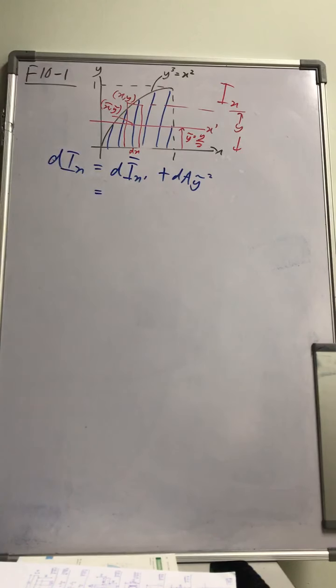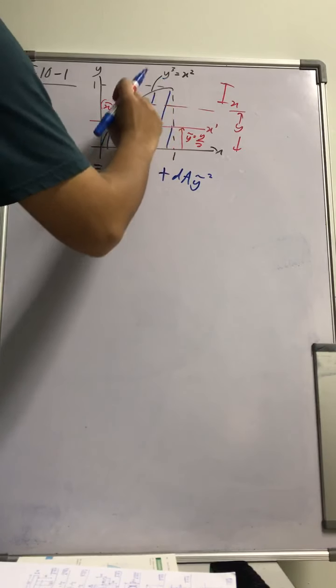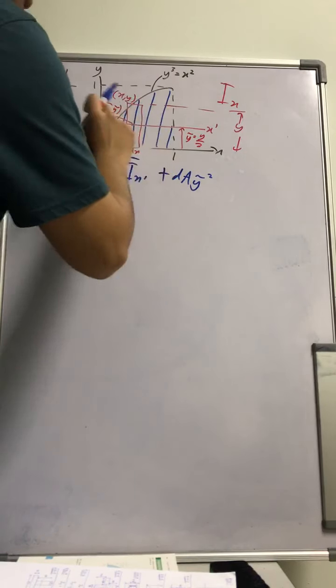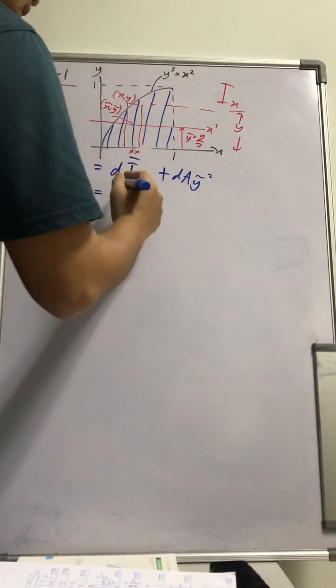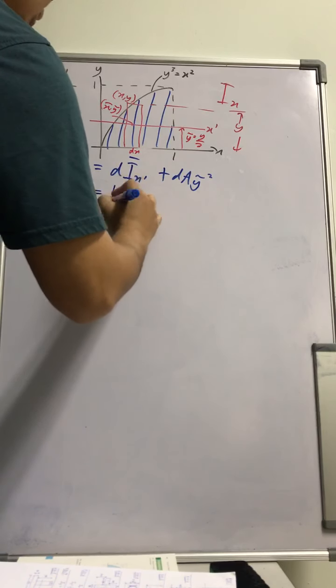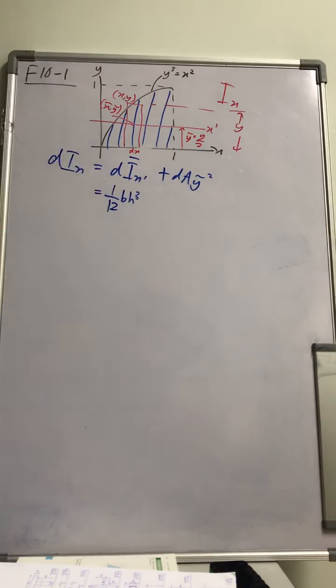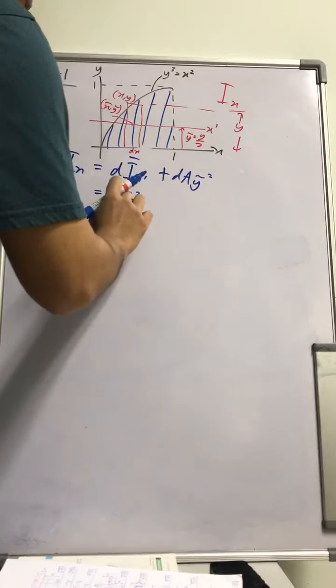So your dIx, for this differential element, the moment of inertia about this x prime axis, its own centroidal axis, is 1 over 12 b h cubed. You were given this in the lecture.